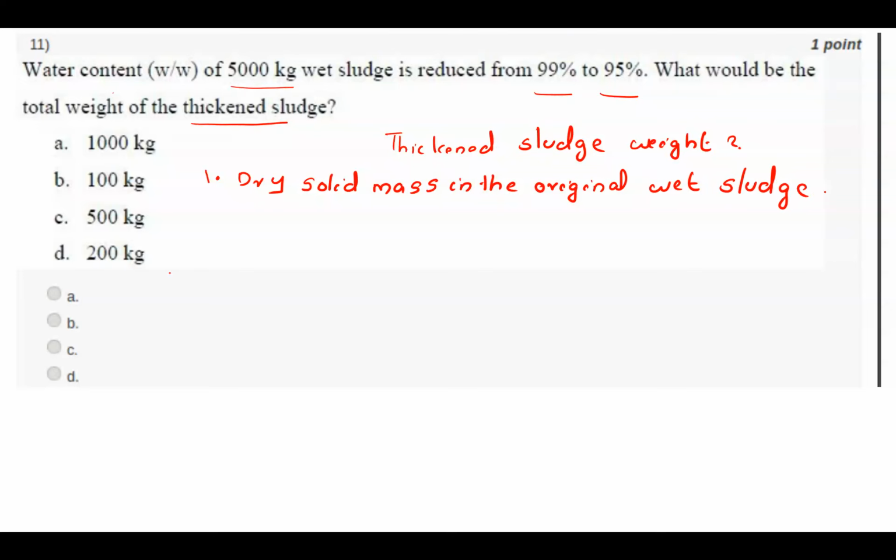You got it? What does that mean? So we have sludge. In that sludge, let's say these dots denote the dry part, that means the solid part, and the remaining area that you can see is wet, that means water content is also there around it. So this dot denotes the solid.